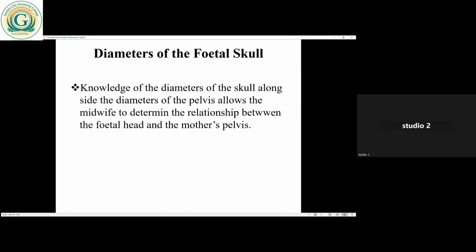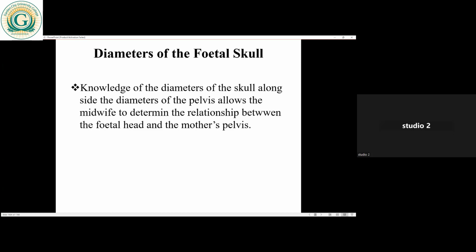Once we are talking of a fetal skull, which is round, obviously anything circular should have what we call diameters. Like the way we look at diameters of the pelvis, we are now looking at diameters of the fetal skull.